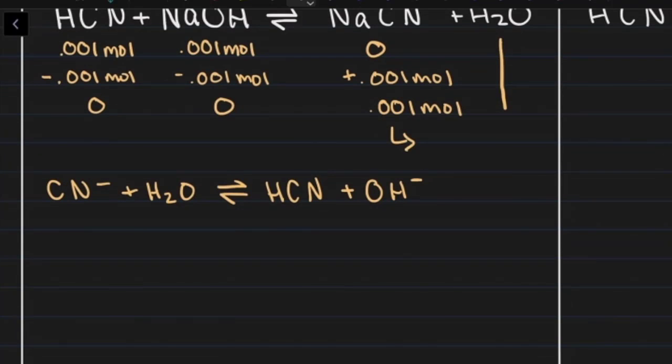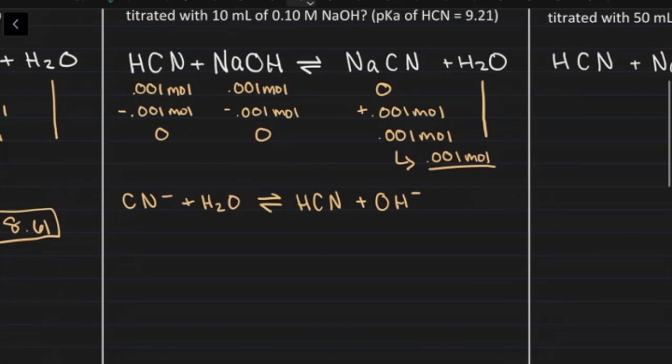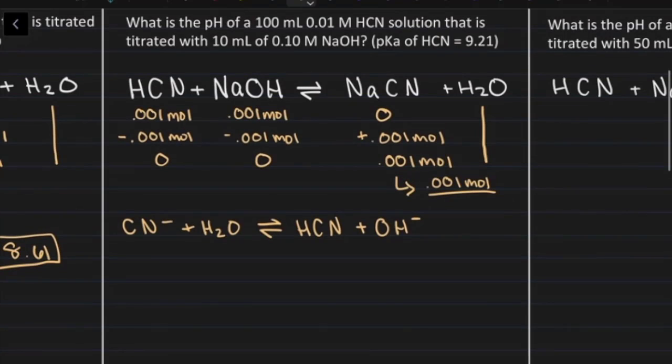And so now what we want to do is get these moles into molarity before we plug that into our reaction. So to do that, we'll get our 0.001 moles, and we'll plug that in over our total volume, which is 100 milliliters plus 10 milliliters, so 0.11 liters. And then when we do that, we'll get 9.09 times 10 to the negative third molar.